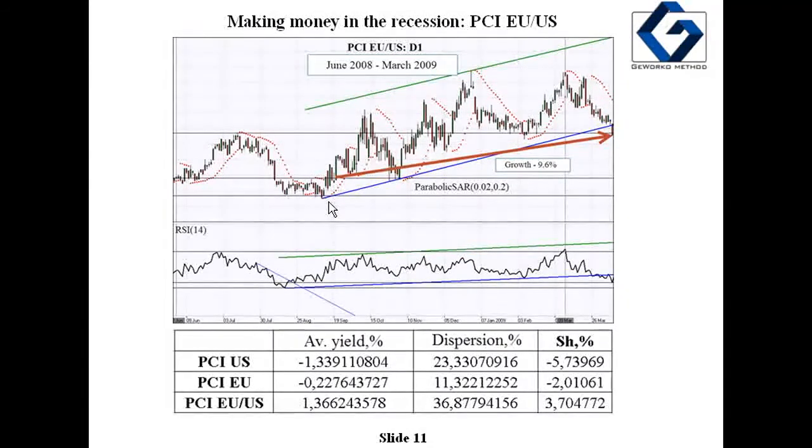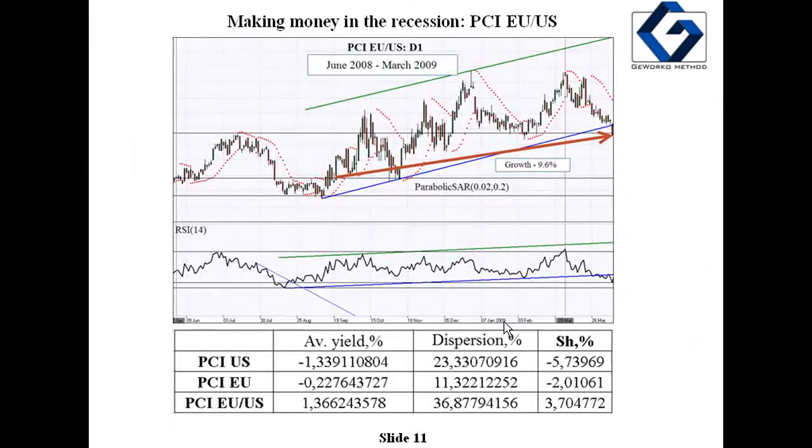Statistically, the situation is the following. Here we introduce the table of returns, volatility, and the Sharpe ratio of the two composite indexes and the EU-US PCI. As you can see, the portfolio pair demonstrates a positive return for the recession period.